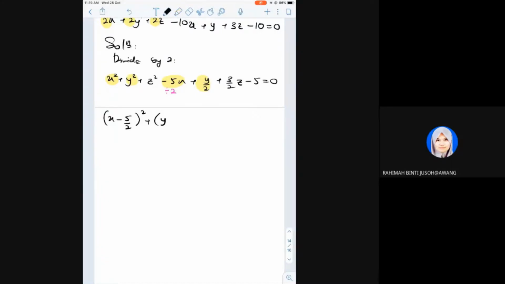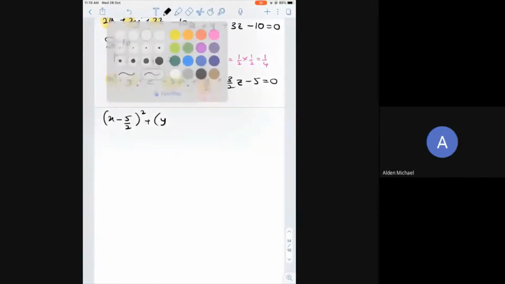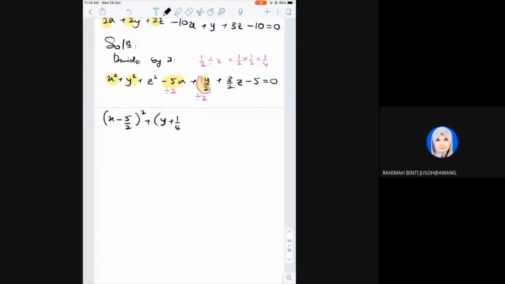So, what happened? 1 over 2 ni bahagi 2. So 1 over 2 bahagi 2 means equals to 1 over 2 multiplied by 1 over 2 lah kan? So you will get 1 over 4. Am I right? Understand guys? Yes. So 1 over 4.